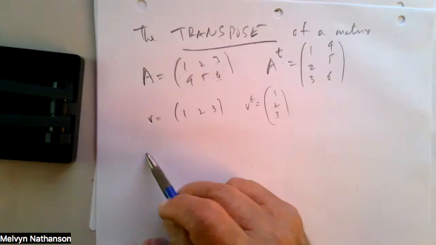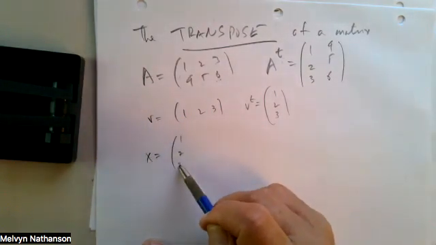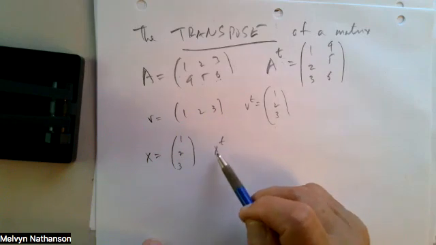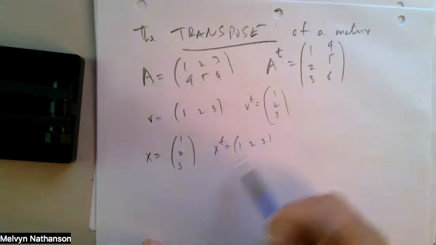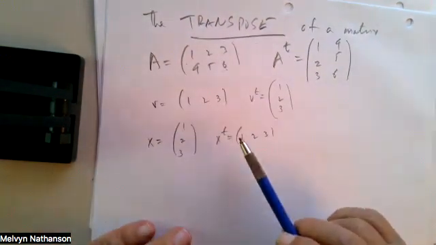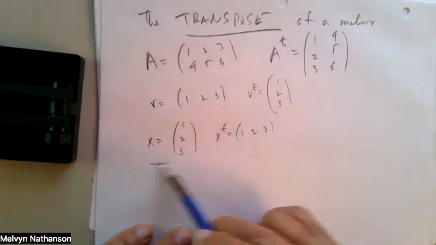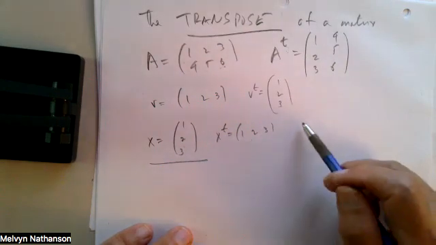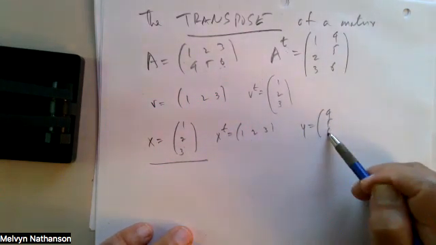And if you had x equal to a column vector, say 1, 2, 3, then x transpose, this column becomes a row, 1, 2, 3. The operation of taking a transpose changes rows into columns and columns into rows. And suppose y were the column vector 4, 5, 6.